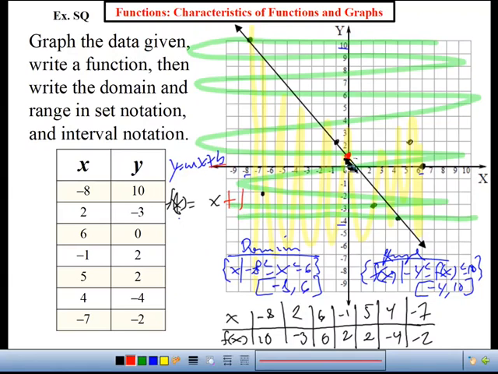If I take the point right before that, the point right before that is here. How many steps does it take from there to there? It goes down 1 step and 1 to the right. If it went down, that means it's -1 over 1. So my function, f of x, equals -1x plus 1.